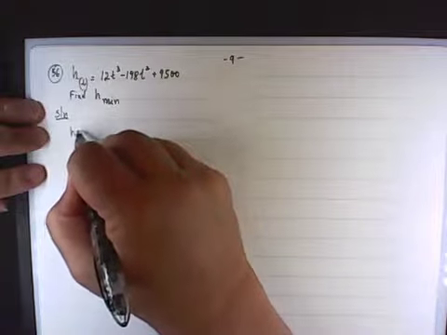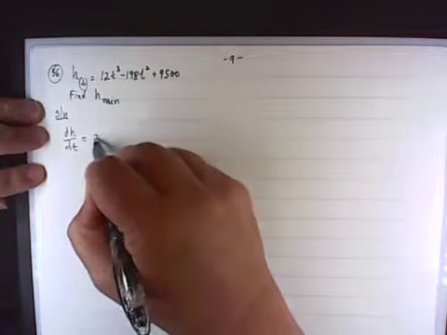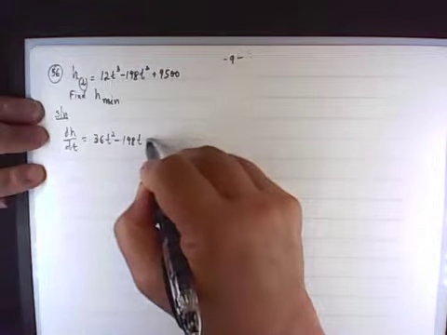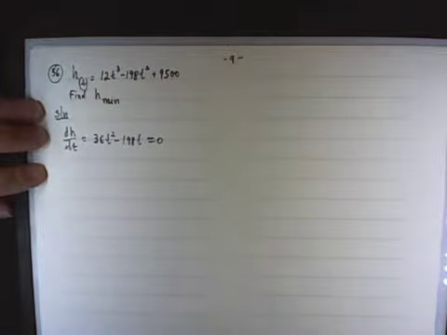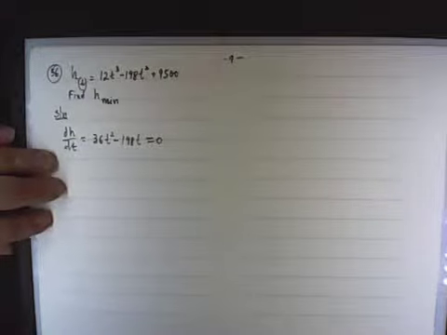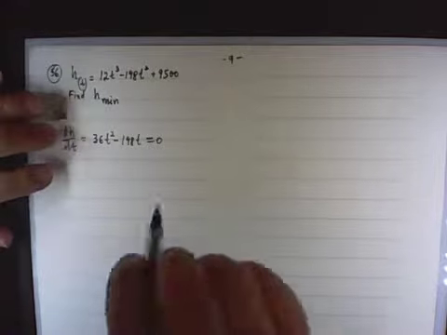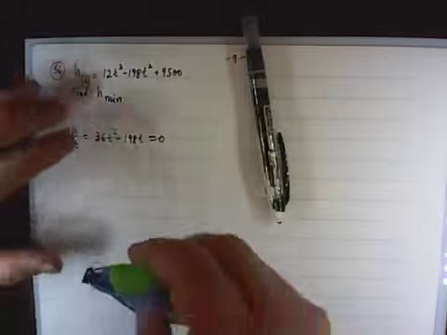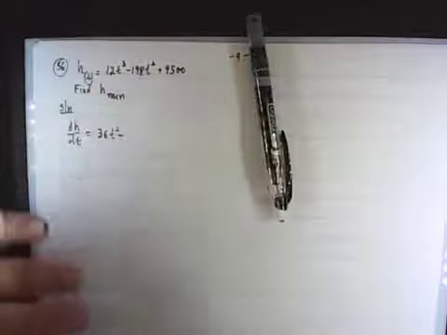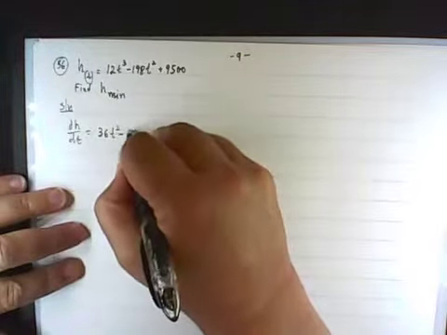We're going to do h prime. dh/dt equals 36t squared minus 198t, and we want it to equal 0. It'd be 396 feet, 2 times 198, so this will be 396. And I think it's good because 396 is divisible by 36.